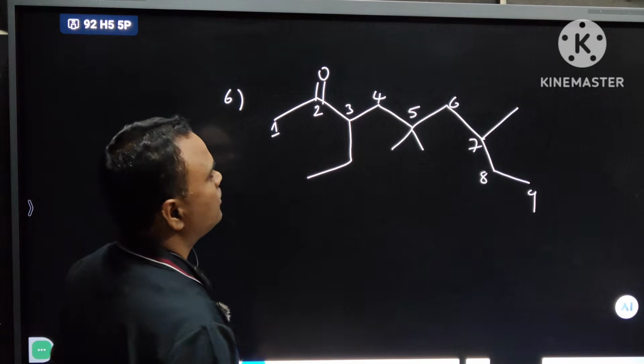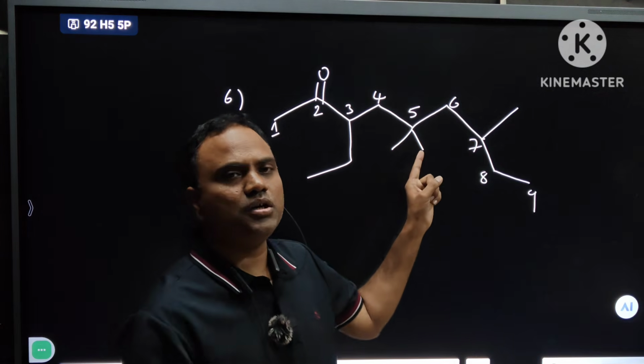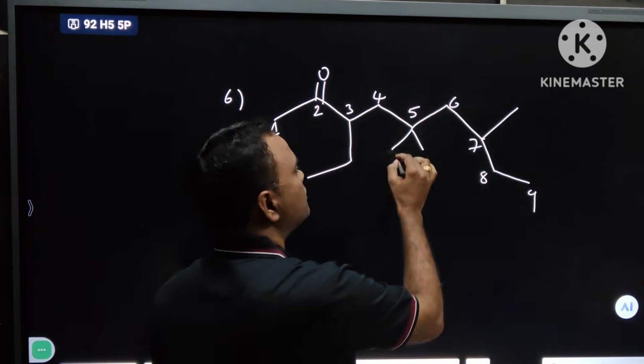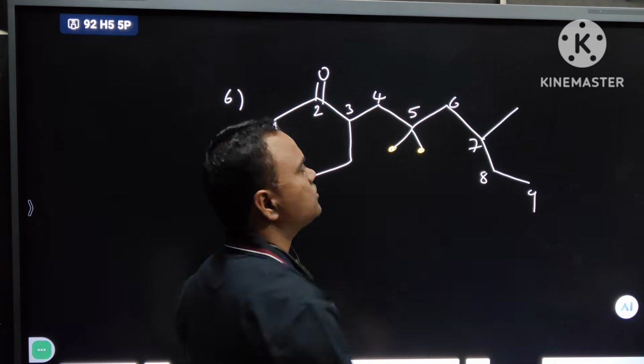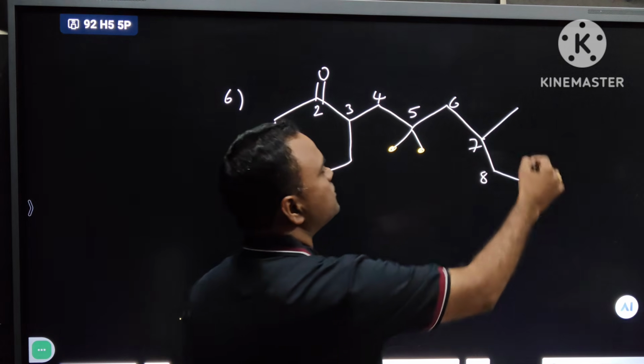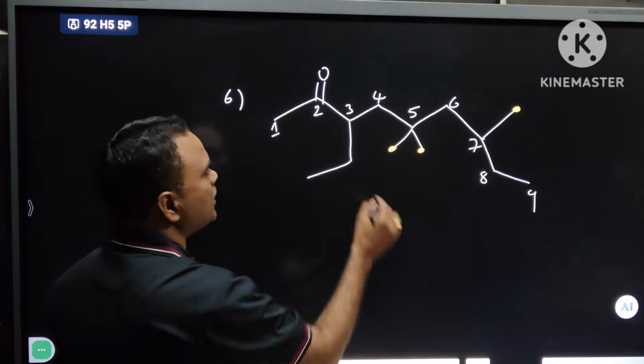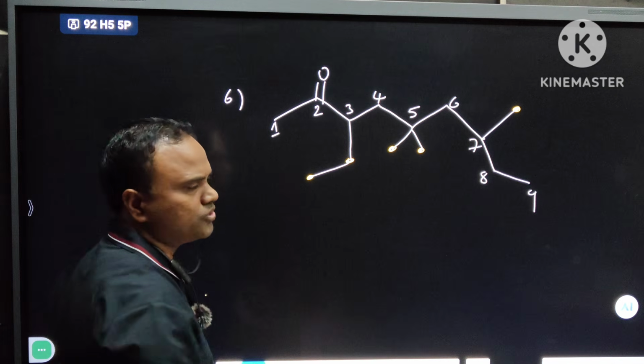See, you have 3 methyls. At which position? At the 5th position, 2 methyls. At the 7th position, 1 methyl. And you have ethyl at the 3rd position.